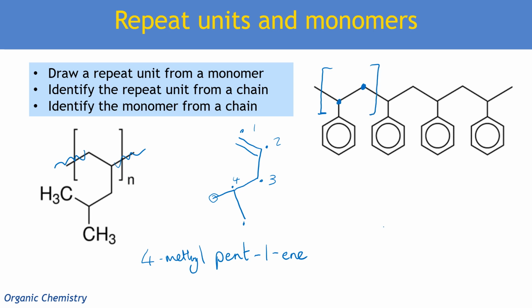And there I have my repeat unit, and you can see that it does repeat. There's the next one along. So if I wanted to draw the monomer, it's just going to be like that. So even if you're at the start of A level and you've not seen a benzene ring, you don't really know what it is, you can still take that structure and draw your repeat unit.